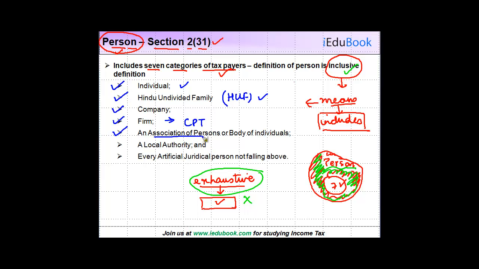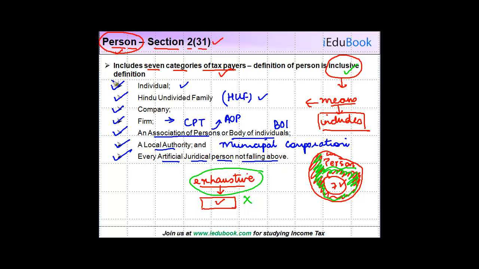An association of person, also known as AOP, or a body of individuals, BOI. A local authority, something like a municipal corporation. Okay, and every artificial juridical person not falling above.